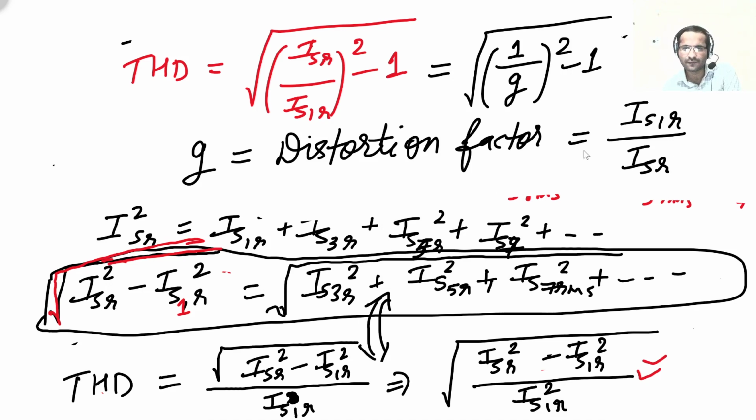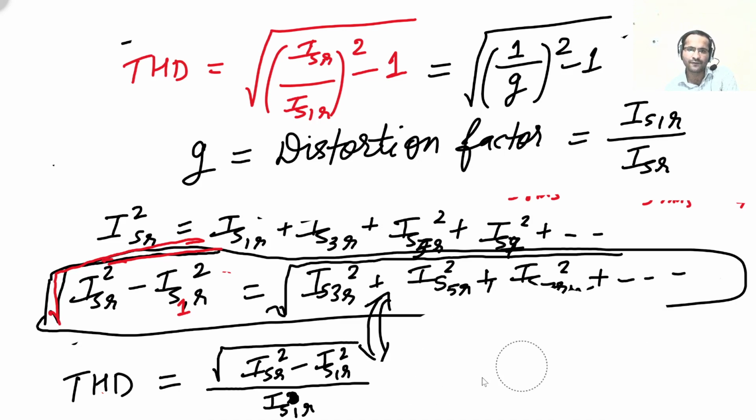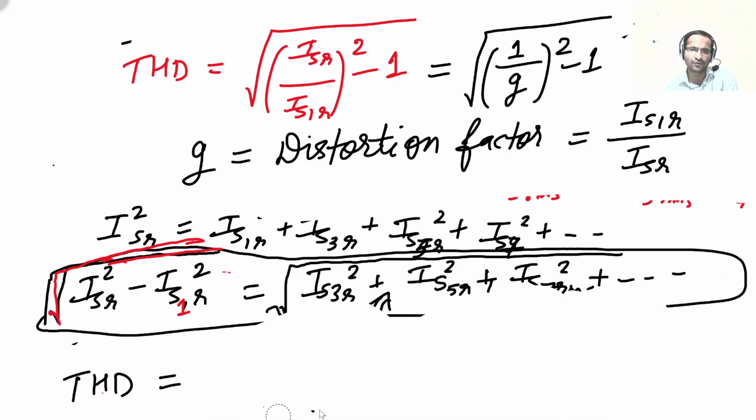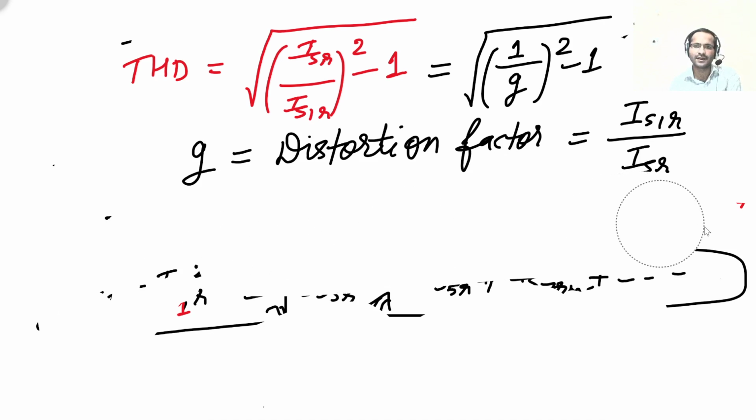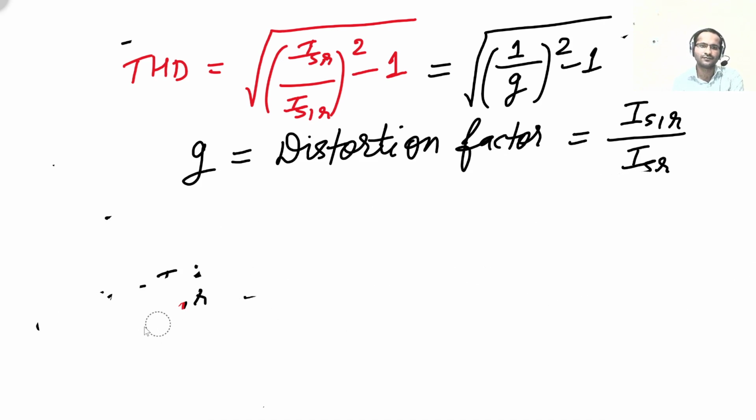It is the ratio of fundamental RMS to the source RMS. So if we know any waveform's total RMS value and its fundamental RMS value, we can find its THD value.